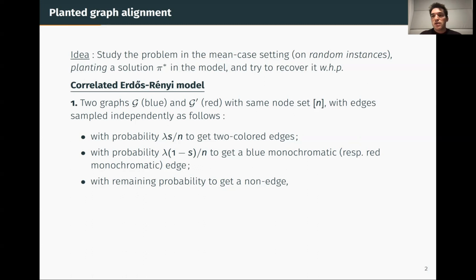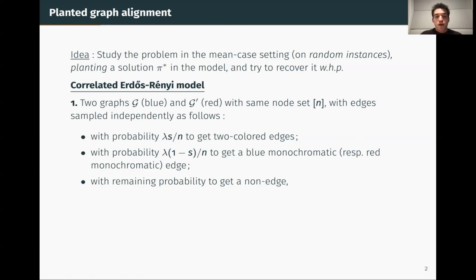So this means that the edge will appear in both graphs, or it will be monochromatic, so blue only or red only with probability lambda times 1 minus S over n. And with the remaining probability, this edge will simply not exist.